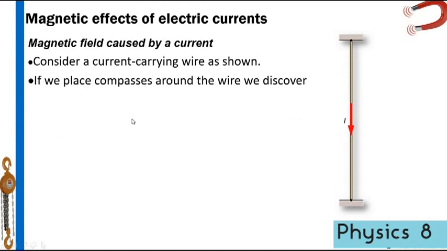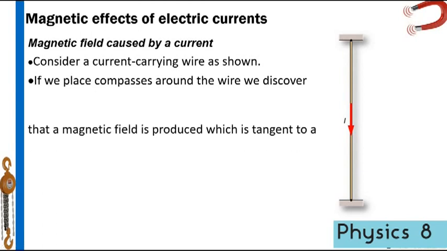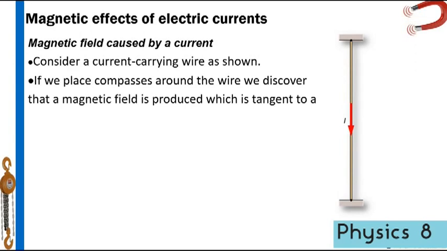Now, if we were to place a compass around the wire, then what we would find is the following. We would see that a magnetic field is produced, and that this magnetic field is in fact tangent to a circle surrounding the wire. And here we can see this illustrated in the diagram.